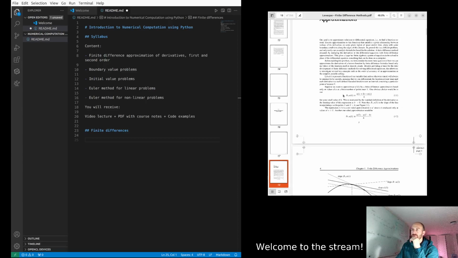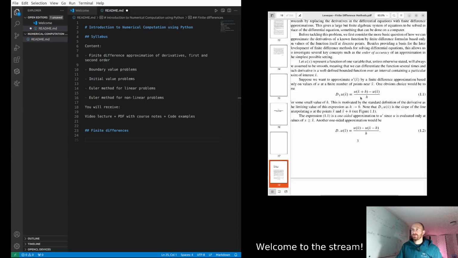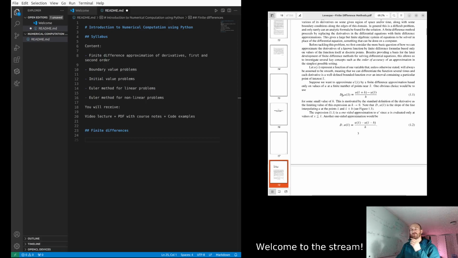All right, so maybe we can start with, I'll start describing what's happening here actually. So we have a function u(x), and we want to compute the discrete derivative.